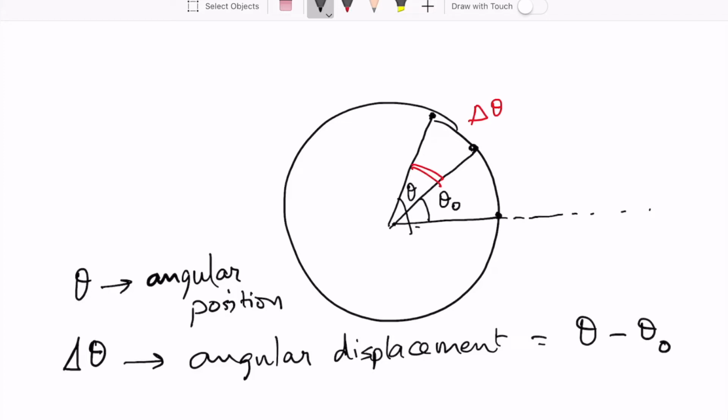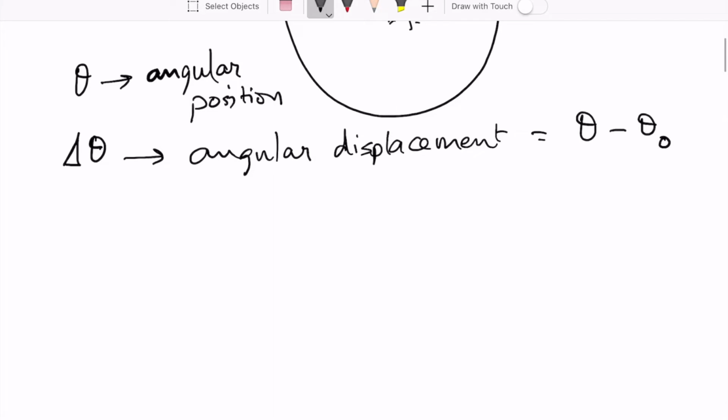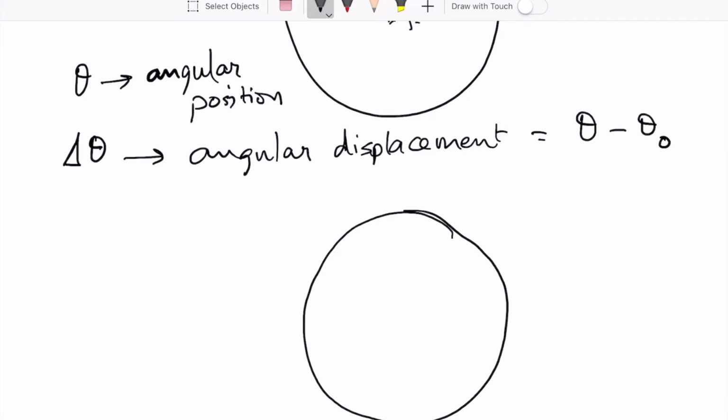All right. The next thing is the distance moved by an object as it's moving along a circular path. So suppose the object starts over here at point A and then it moves to point B. Its angular position has changed by an amount delta theta, right?